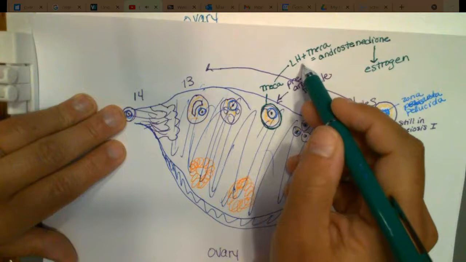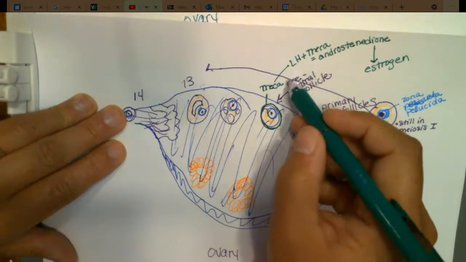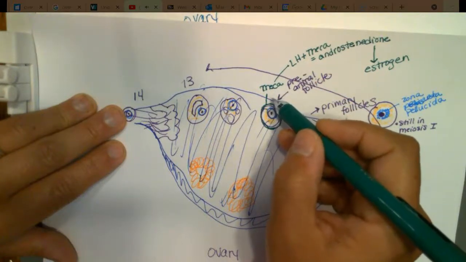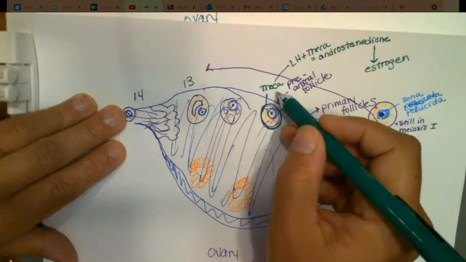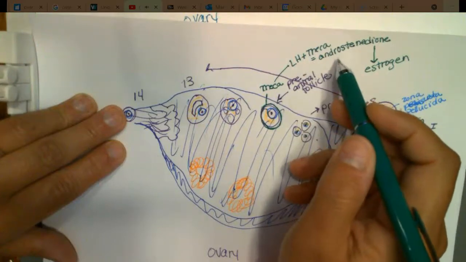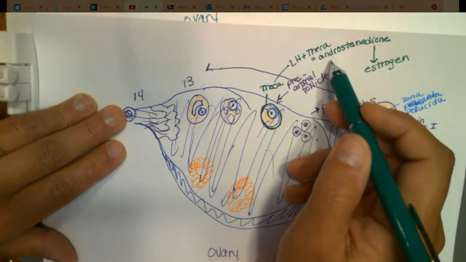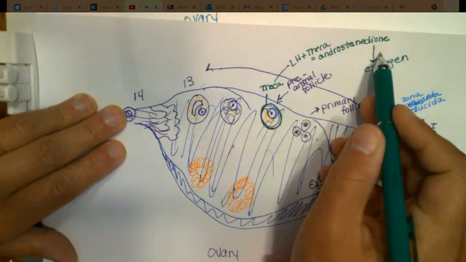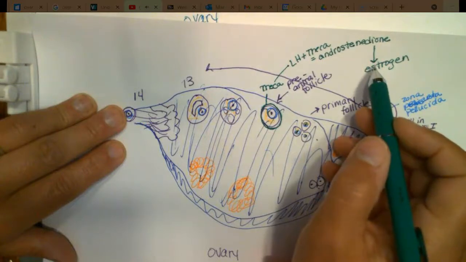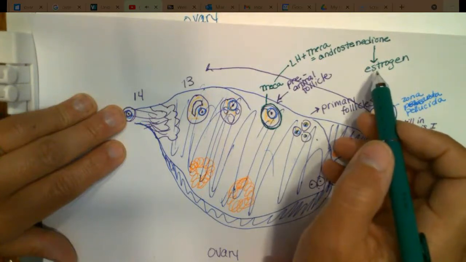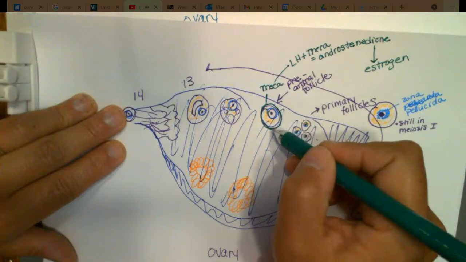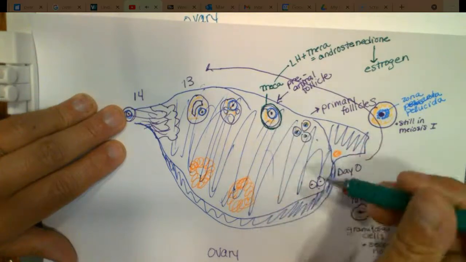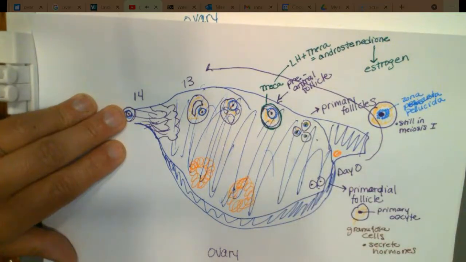When luteinizing hormone is released and binds with the receptors on the theca, it's going to produce a chemical called androstenedione. This is then going to be converted into estrogen. So at this phase, we start to see a rise in estrogen levels within our bloodstream.